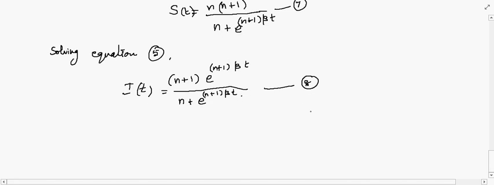Now we will derive the value of S(t) and I(t) when t tends to infinity. That is, after a long time, what will be the value for S(t) and I(t)? So as t tends to infinity, we will see what is S(t).